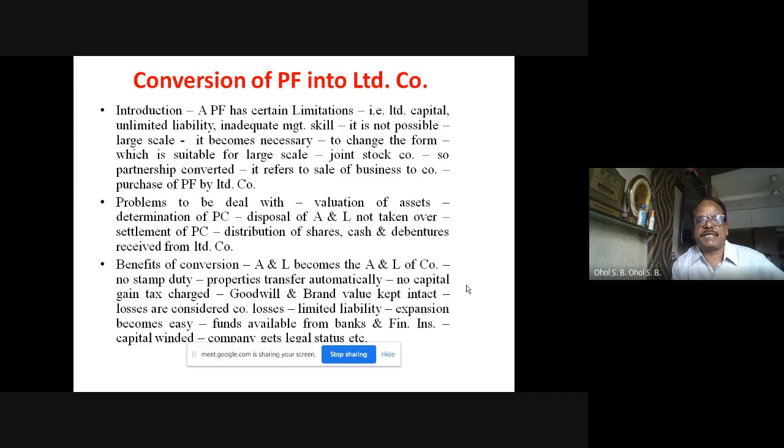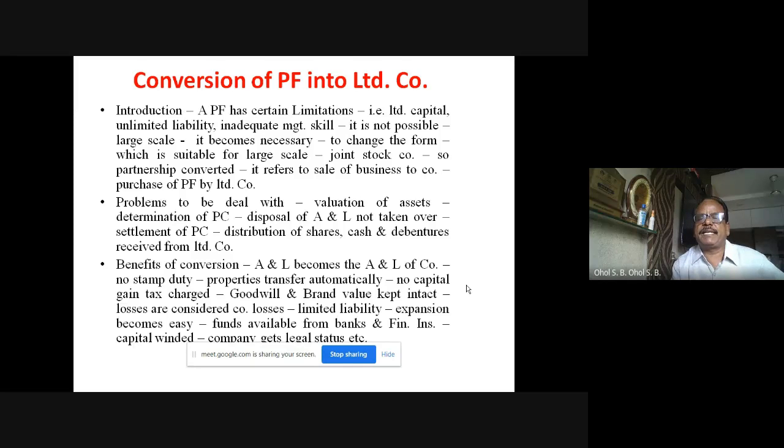But whatever losses are with the partnership firm become the losses of the company after the conversion. So another advantage is that losses of the partnership firm can become the losses of the limited company.